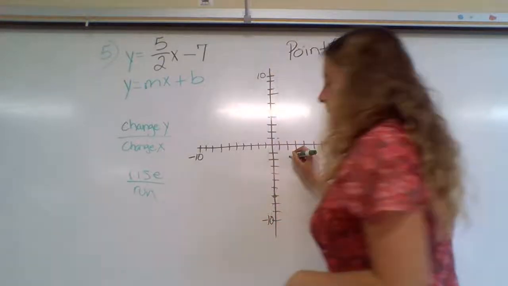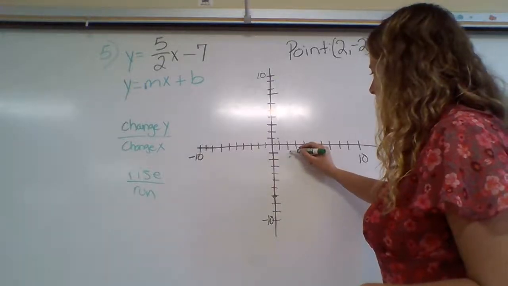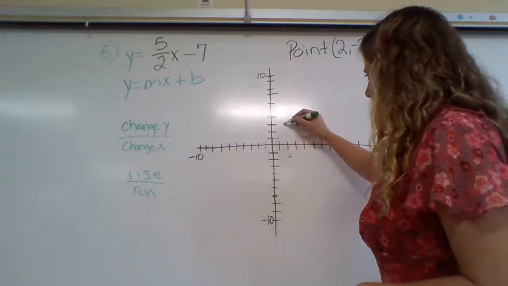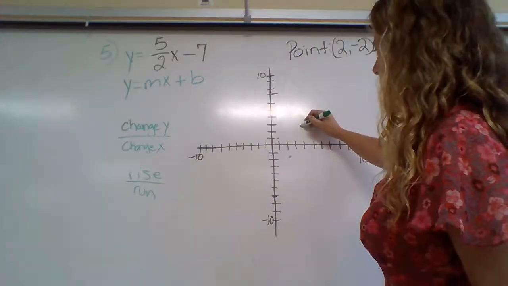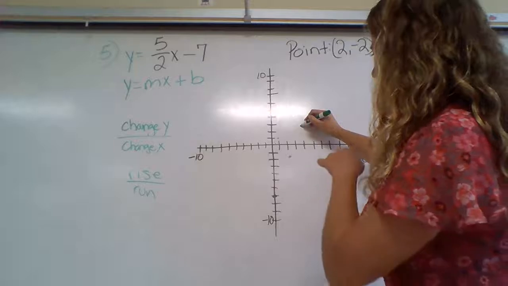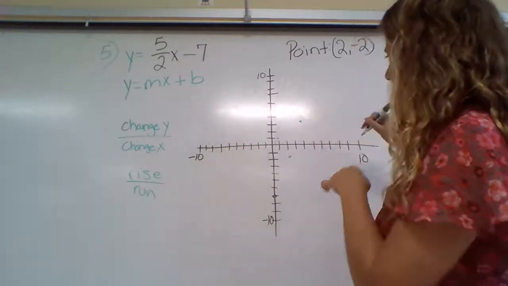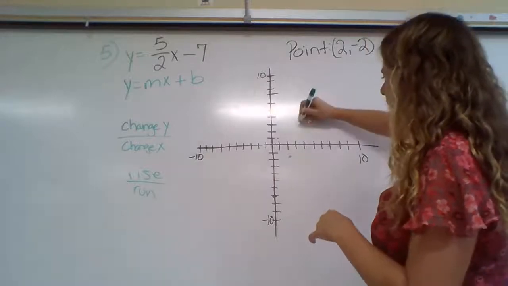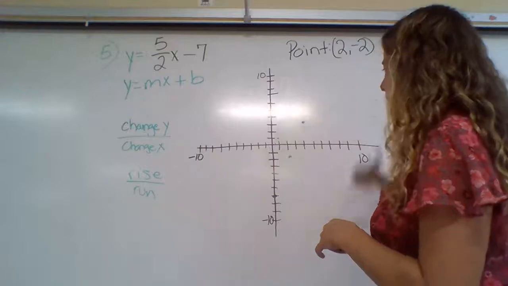There's my next point. Okay, and then I'm going to rise 5 more, 1, 2, and then I'm going to run 2 more, 1, 2. So like right there. 1, 2, 3, 4. No, like right there. Ish. Oh, this is not going to be a straight line. We got to move it over so I can make it straight. Right there. Okay.